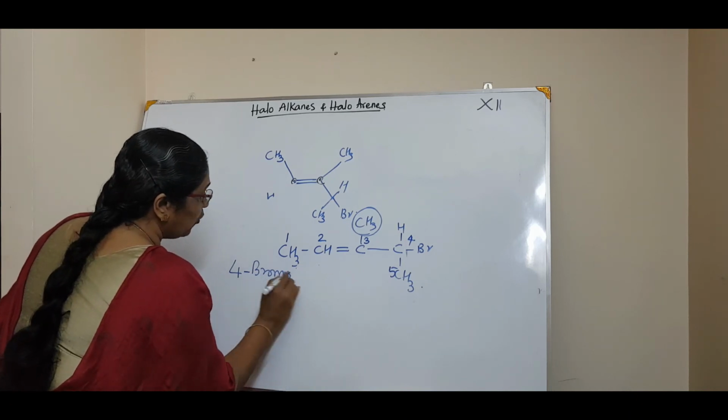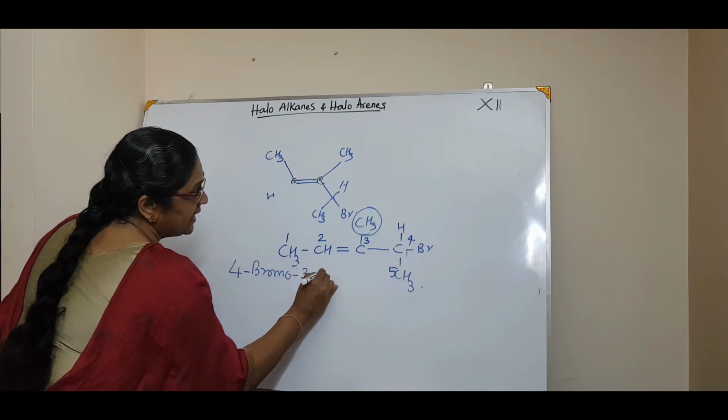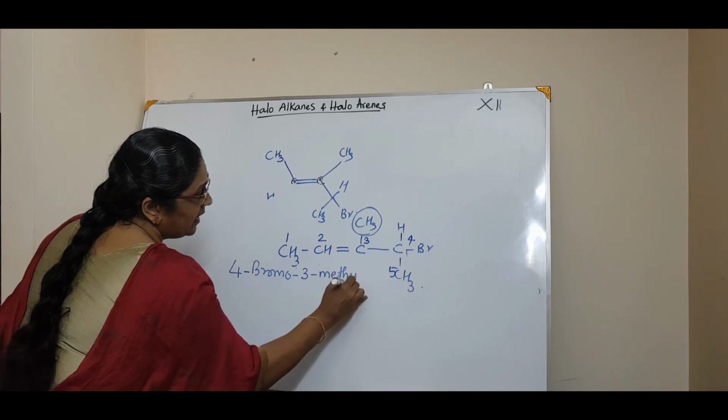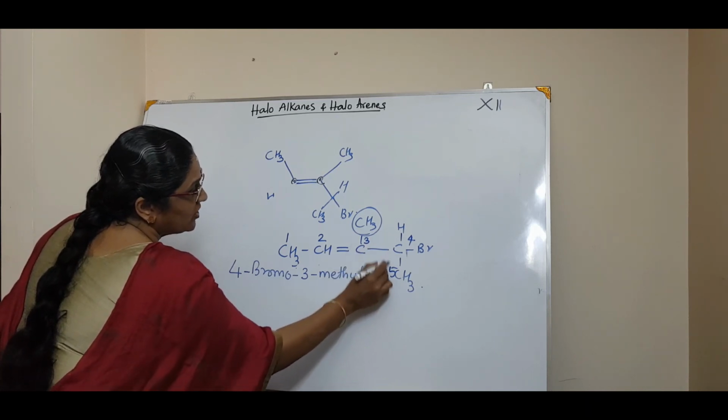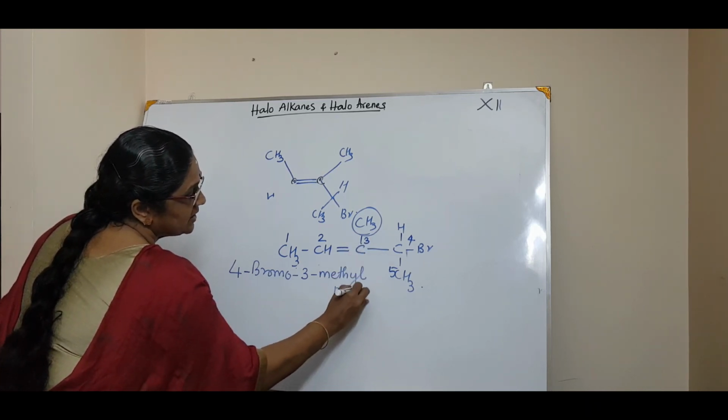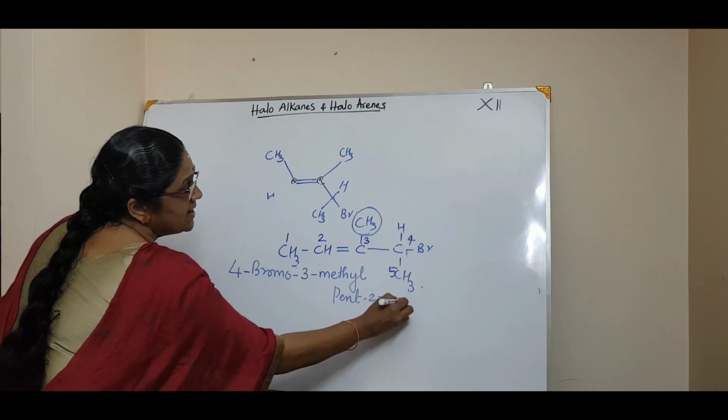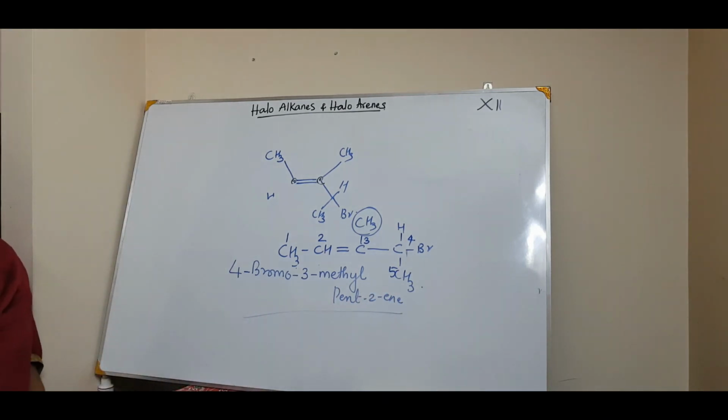So, it will be 4-bromo hyphen 3-methyl. Then 1, 2, 3, 4, 5, pent-2-ene. Correct? Got it? So, this is how you write the IUPAC name for a bond line structure.